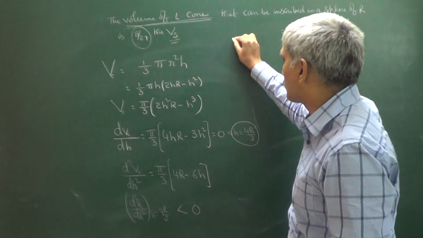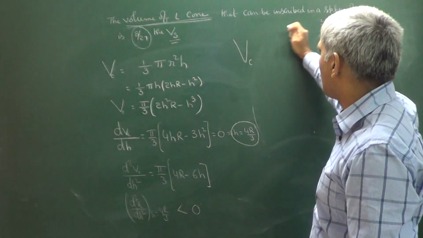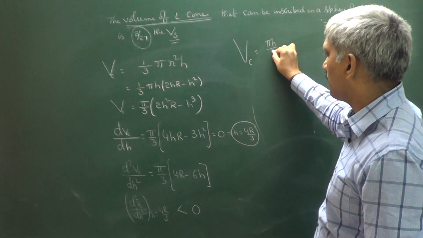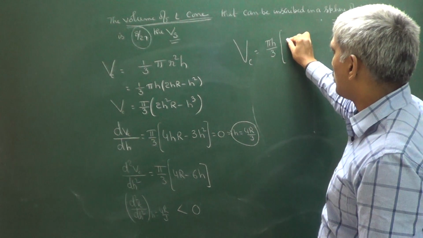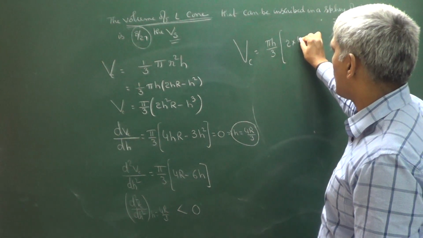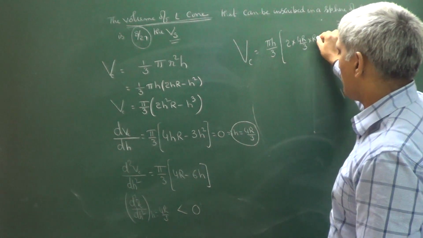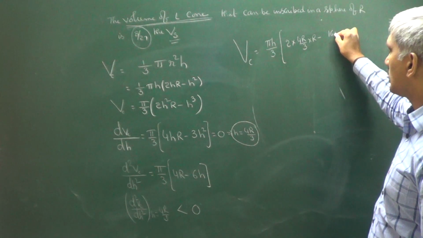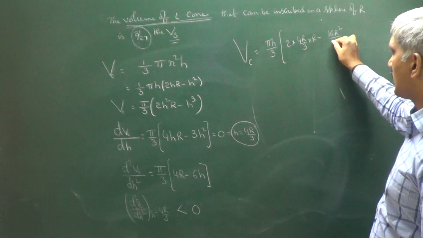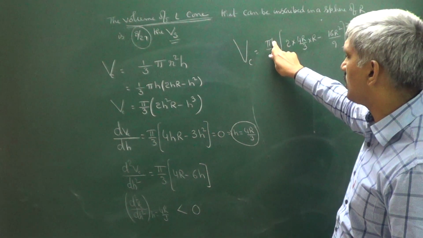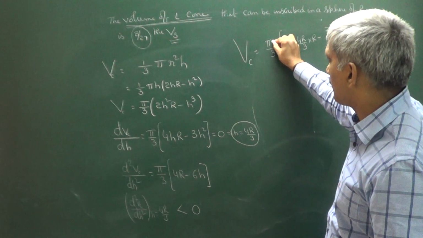So the volume of the cone is equal to pi h divided by 3 into (2 into 4R by 3 into R minus 16R square divided by 9). Here also, in place of h we have to write 4R by 3.